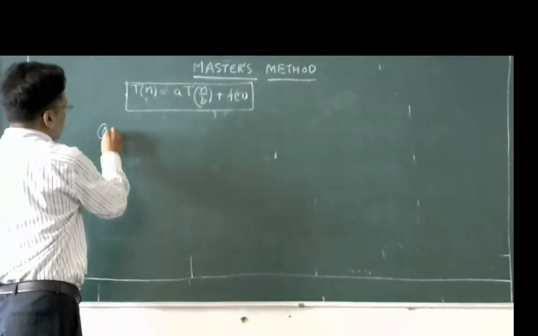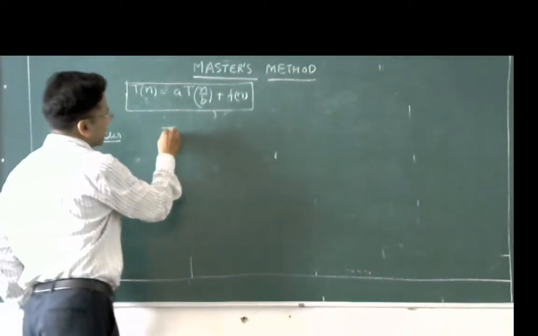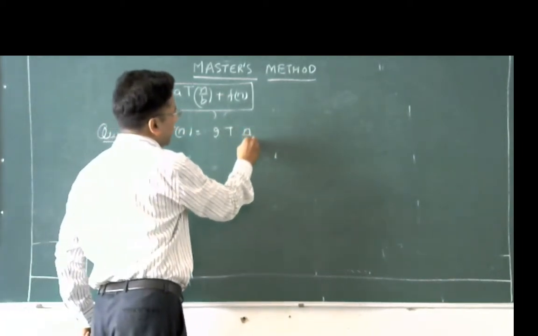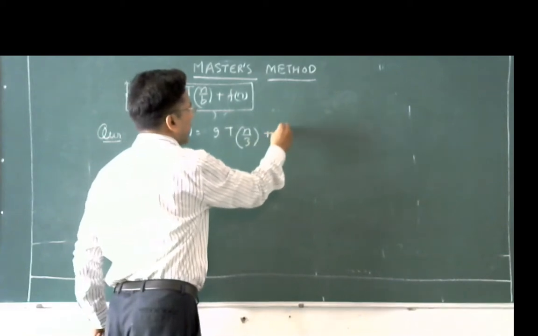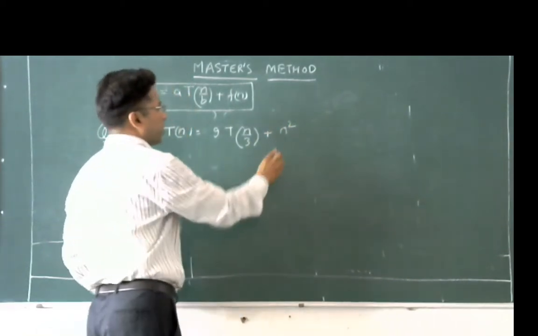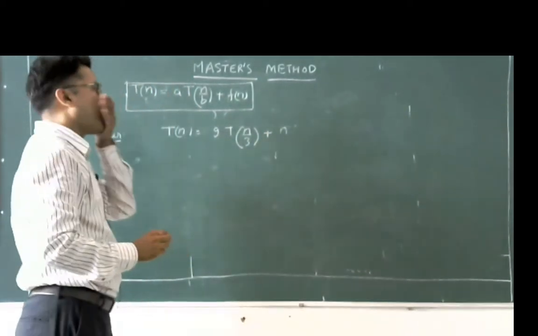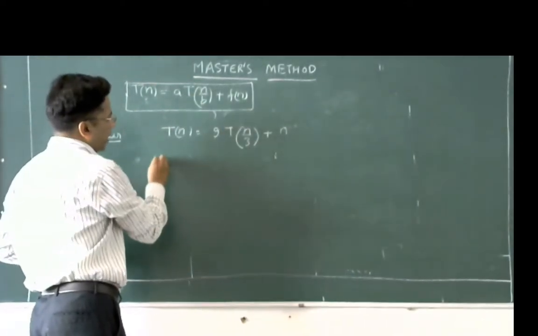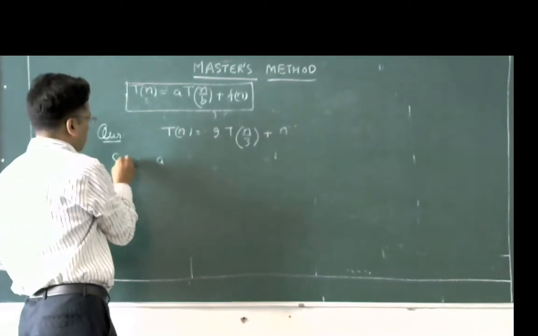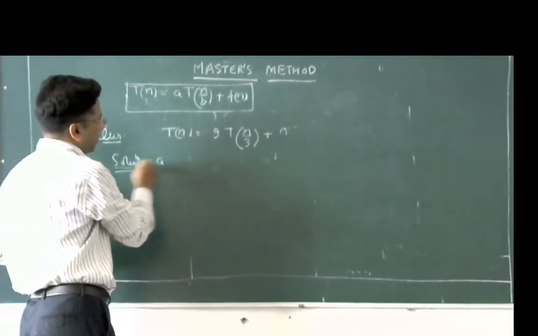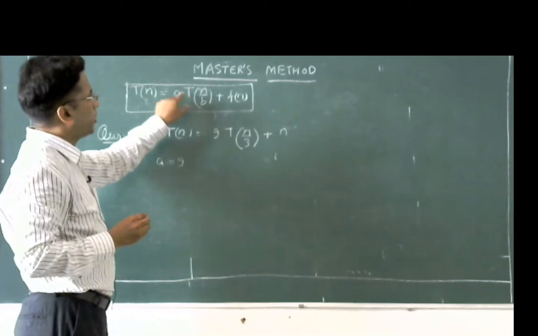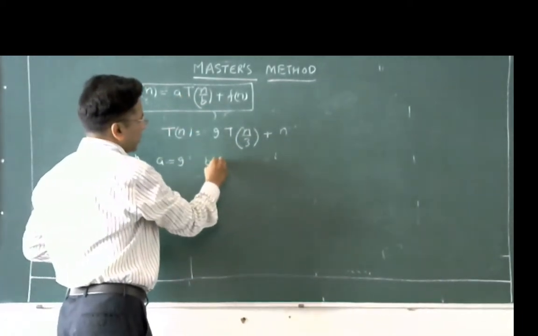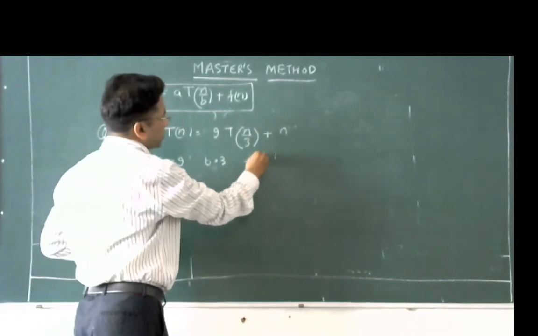So let the question be T(n) equals 9T(n/3) plus n. Comparing with the formula, a equals 9, b equals 3, and f(n) equals n.